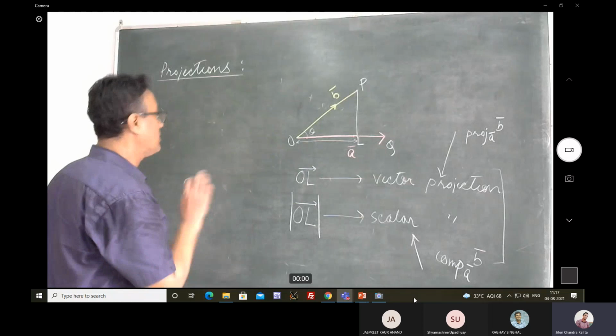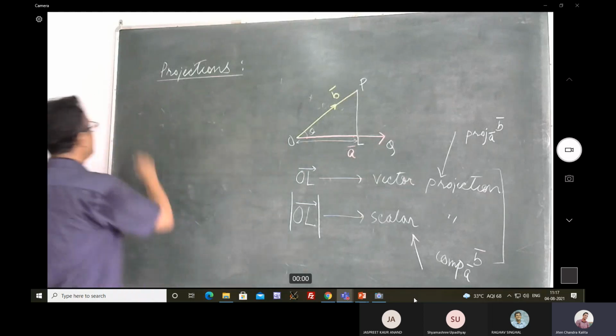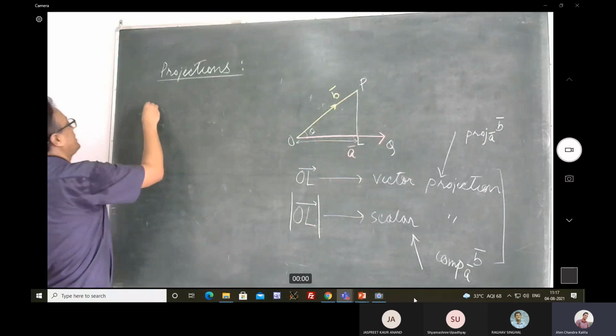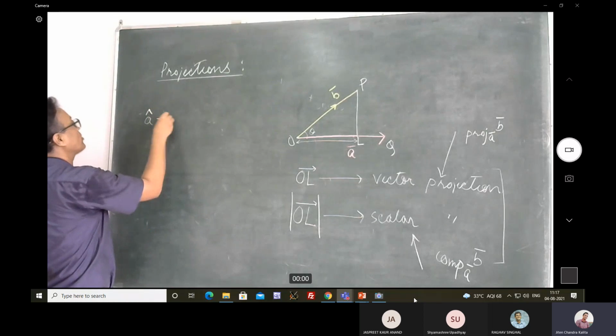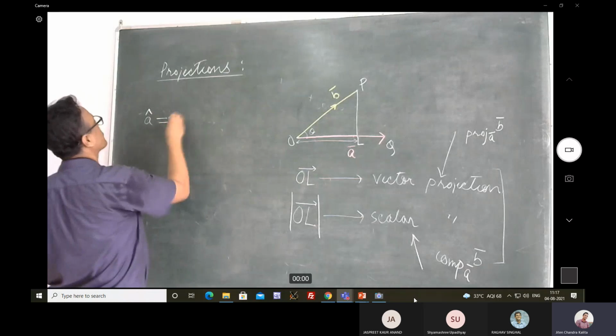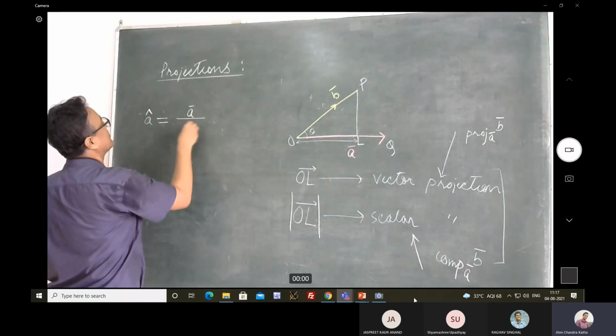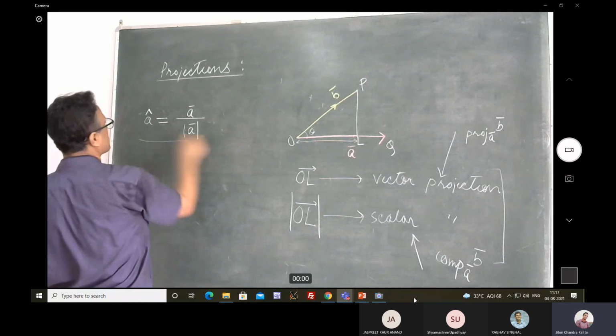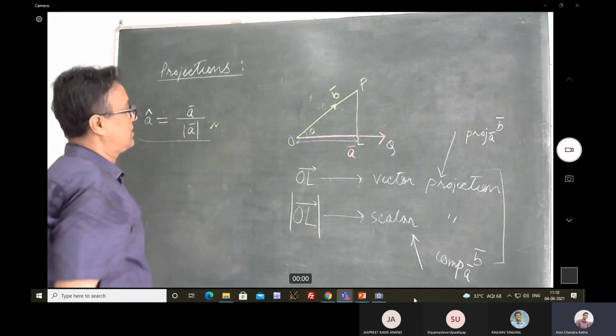Now suppose I consider a unit vector A cap along the vector A, right? So then you know that this one is simply given by this. We are going to make use of this later.